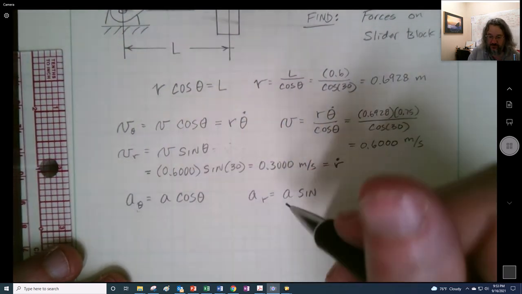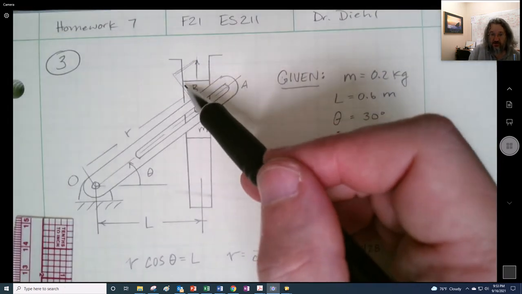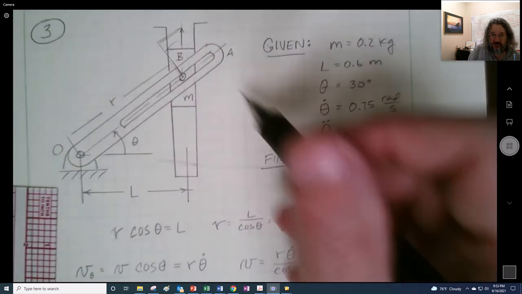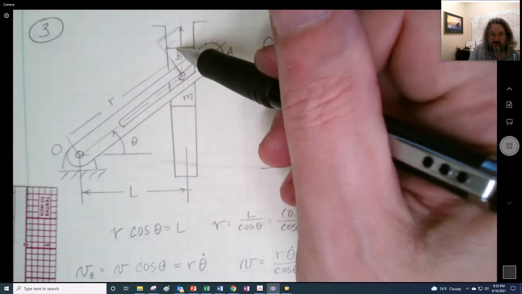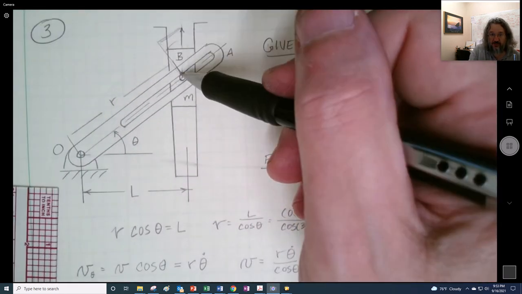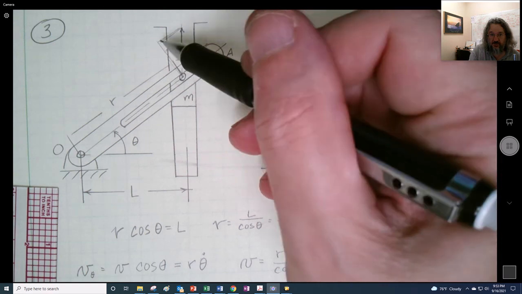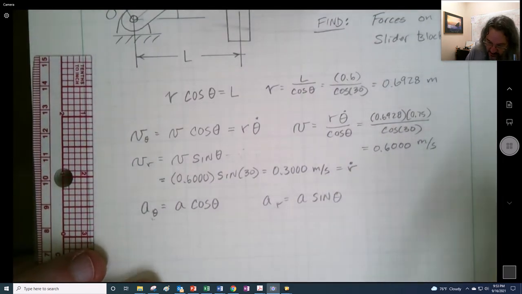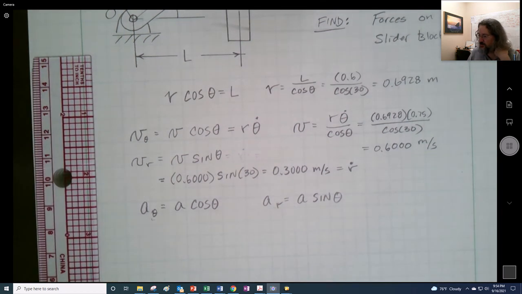There you go. Because this is the radial component, and this is the angle right there in between them. We just said that it was the same angle as that. So this is the actual magnitude, and here is the theta component, and here is the r component. So put those into there.